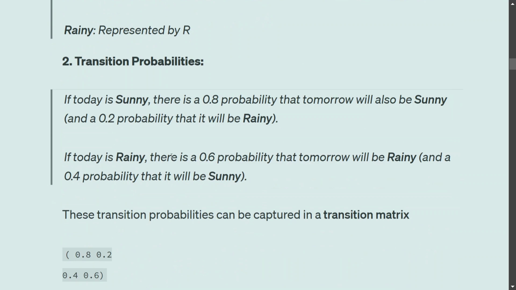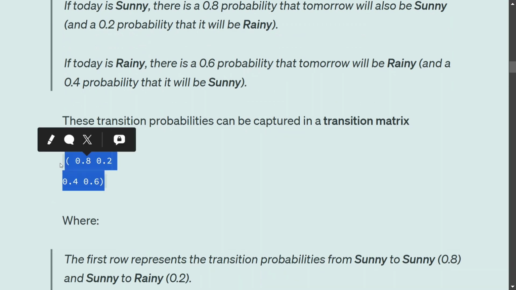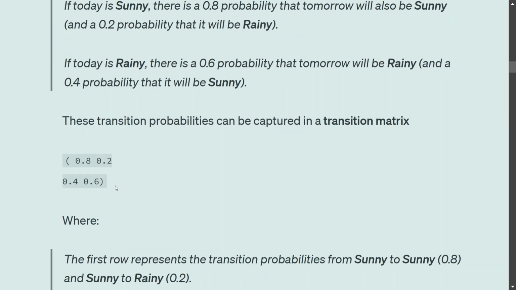So now we have a set of probabilities. Depending upon today's state, if today it is sunny, we will try to calculate tomorrow's state, and if today it's rainy, we will try to calculate what can be the possible state tomorrow. So this is the transition matrix that we have got. Let me explain this to you. The first row represents sunny, the second row represents rainy.